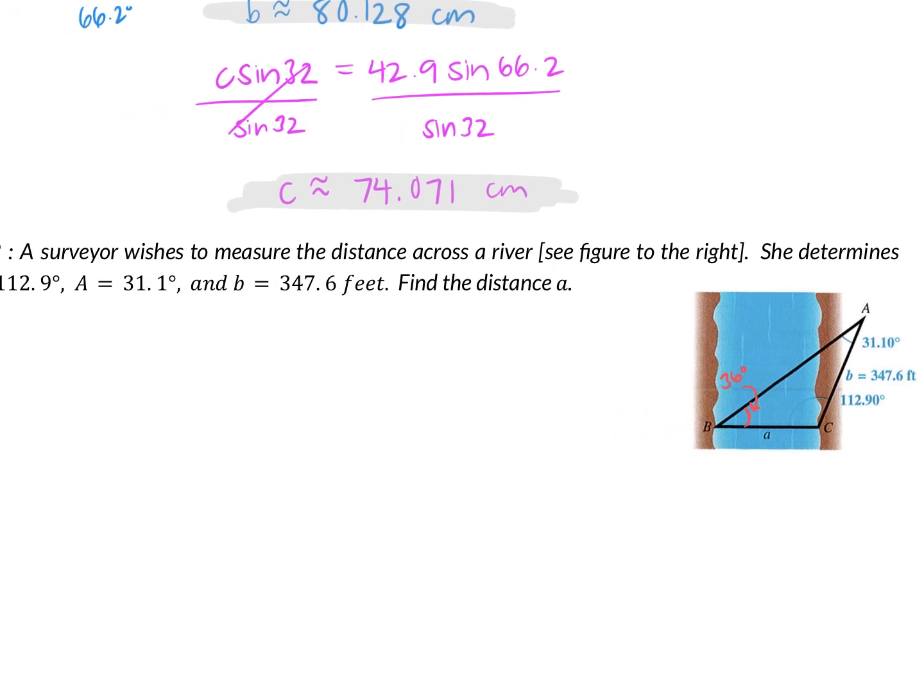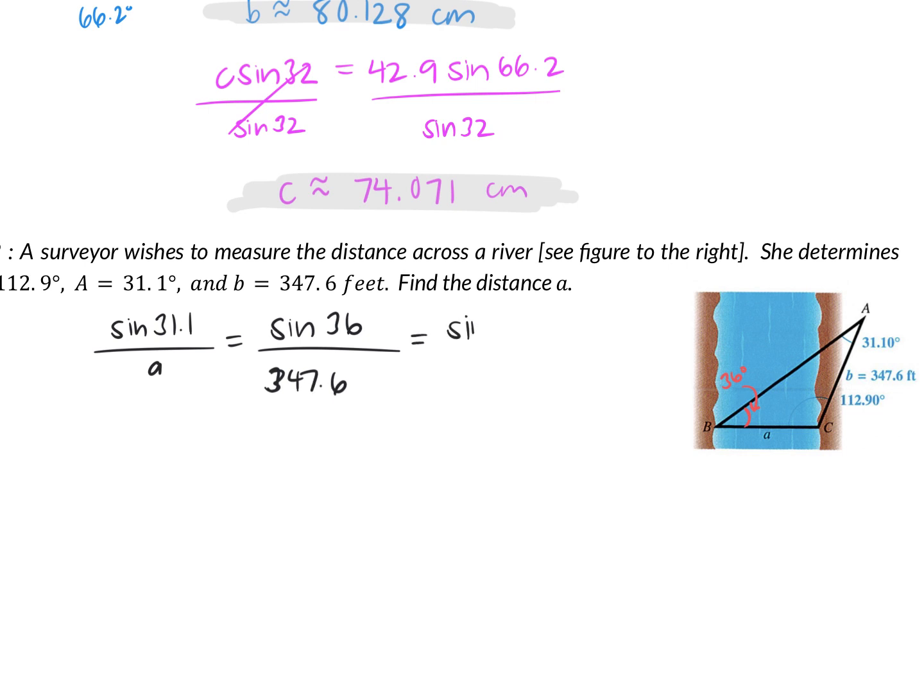Okay, so I'm going to go ahead and set up my proportions here, starting with angle A. So I've got sine of 31.1 divided by, I don't know the side length, so just divide it by A, is going to equal sine of my B value, which we just found was 36 degrees, divided by, we do know the side length, of 347.6.